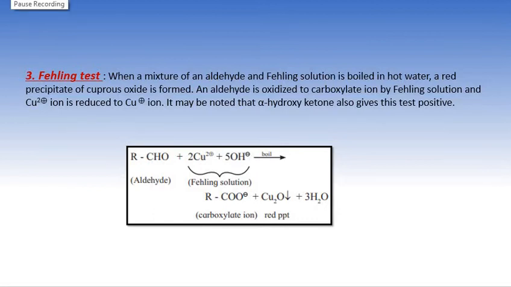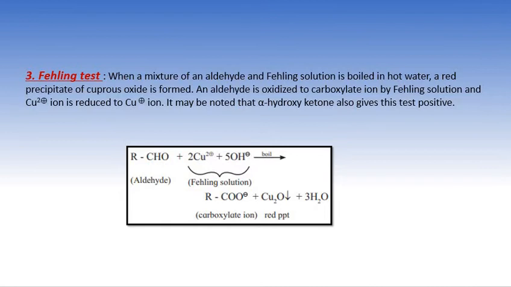When a mixture of an aldehyde and Fehling solution is boiled in hot water, a red precipitate of cuprous oxide will form. In this reaction the aldehyde is oxidized to the carboxylate ion and the cupric ion of Fehling solution is reduced to the cuprous ion.